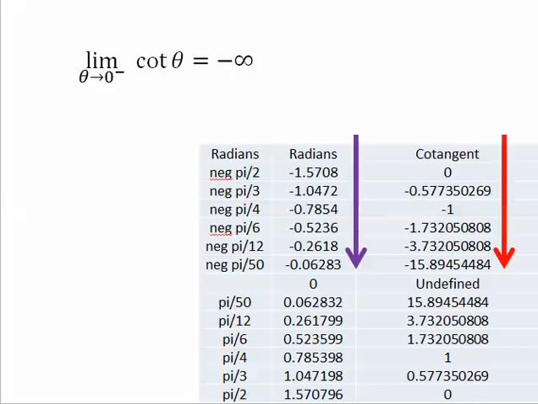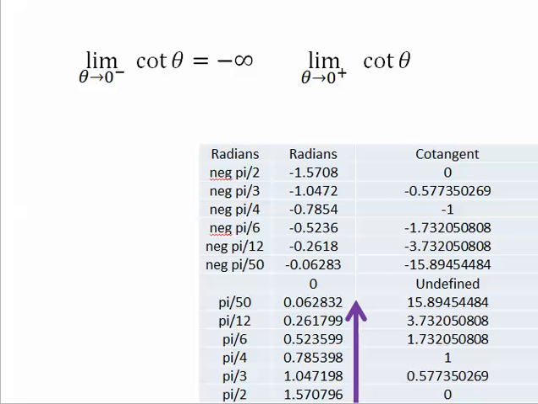So we say that the limit is equal to negative infinity. Now let's do the other side. As theta approaches 0 from the right, cotangent is getting more and more positive. And so we say that in that case, the limit is equal to positive infinity.